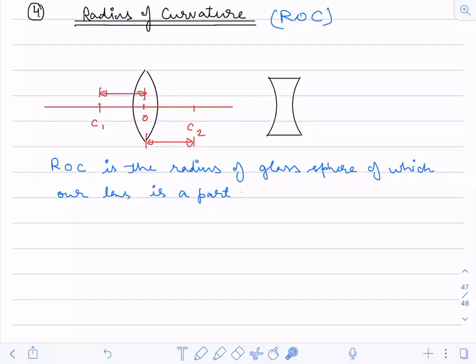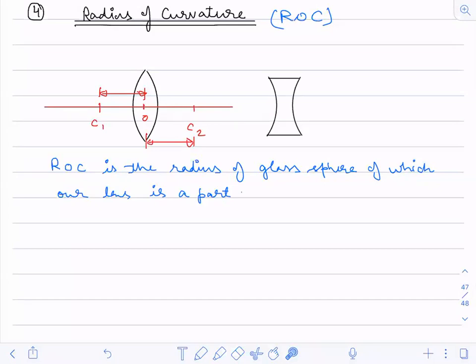Can anyone tell me? Okay, so listen here. One approximation we do while we manufacture this thing. Whenever we manufacture a lens, we make one assumption. What assumption do we make? Practically, if you have seen the lens of the specs, suppose I'm taking the example of the specs lens.